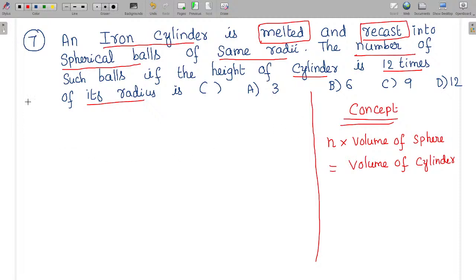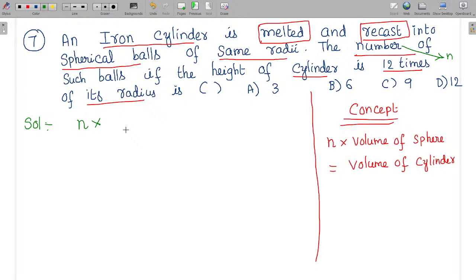So let us apply this concept. n stands for number of balls. So n times volume of a sphere. Volume of a sphere, here each radius is the same, same radii, understood now?